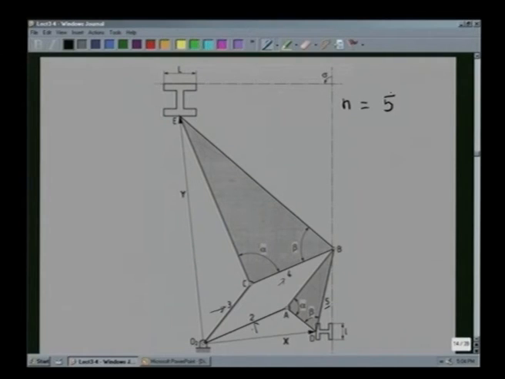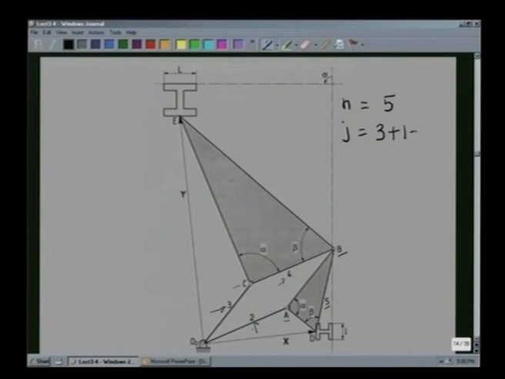Now, let me count the number of hinges J. We see there are 3 simple hinges at A, B and C. So, J1 is 3. At O2, 3 links are connected, namely the fixed link 1 and link number 2 and 3. Since 3 links are connected at O2, this is a second order hinge, that is of the type J2. So, J2 is 1.